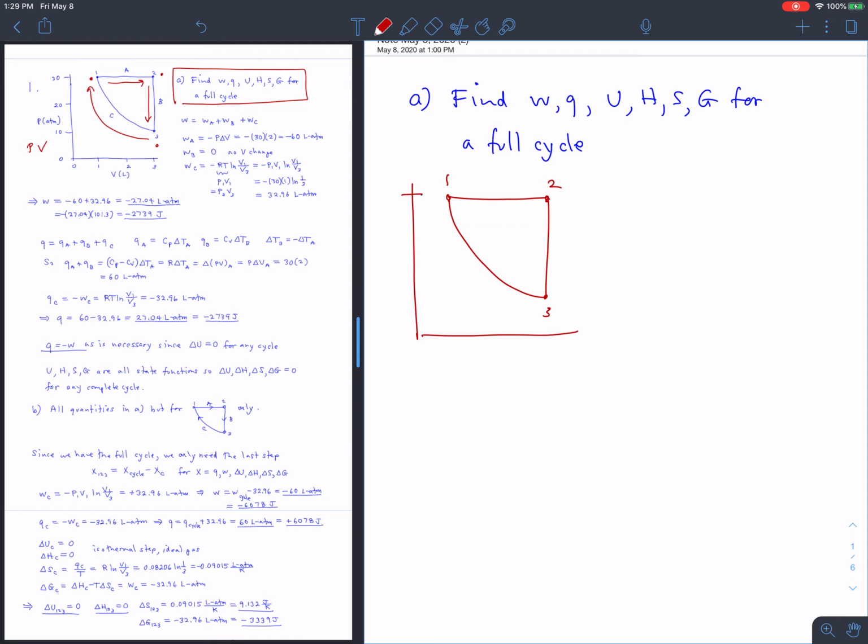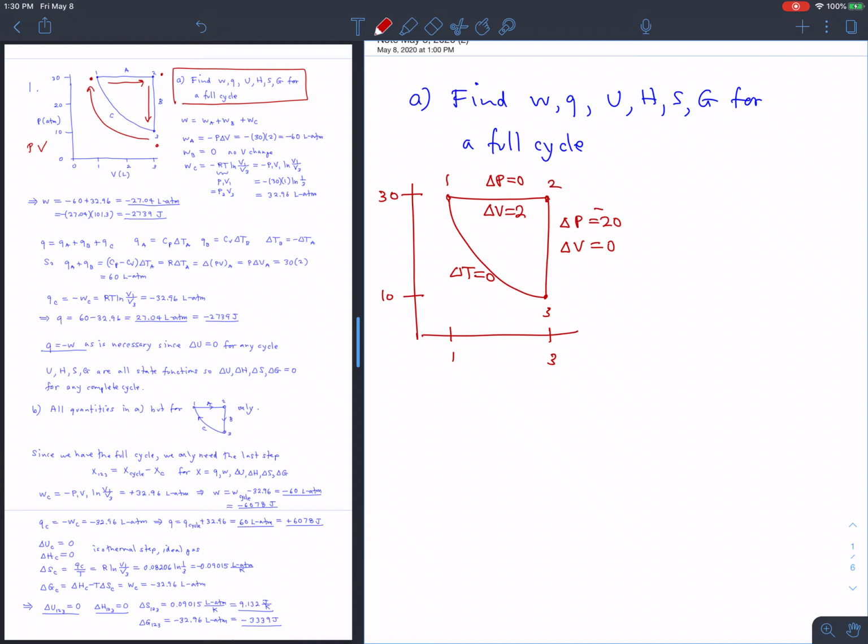And this is 30 atmospheres, this is 10 atmospheres, this is 1 liter, and that is 3 liters. So there's a delta P here of 0 and a delta V of 2 liters. On this step, there is a delta P of minus 20 atmospheres and a delta V of 0. And this step is isothermal, so it has a delta T of 0.